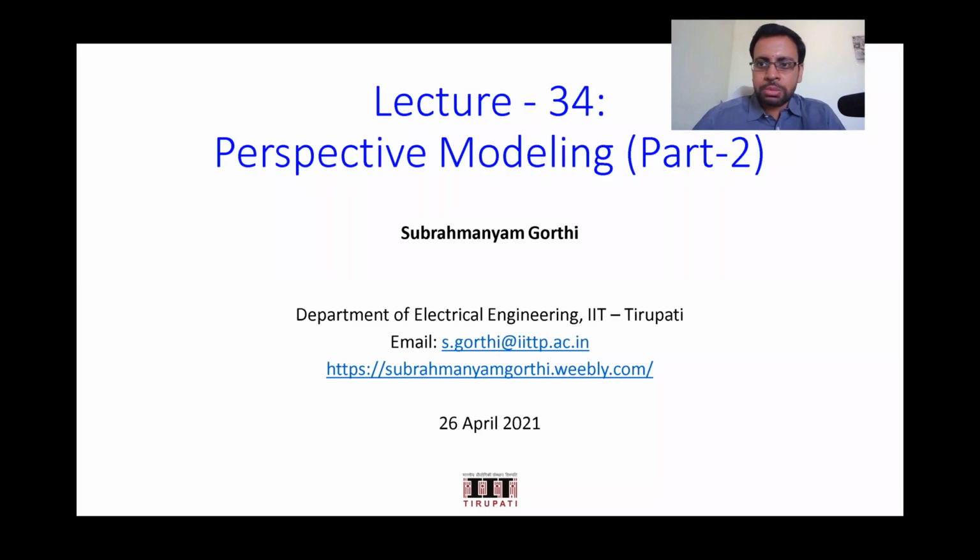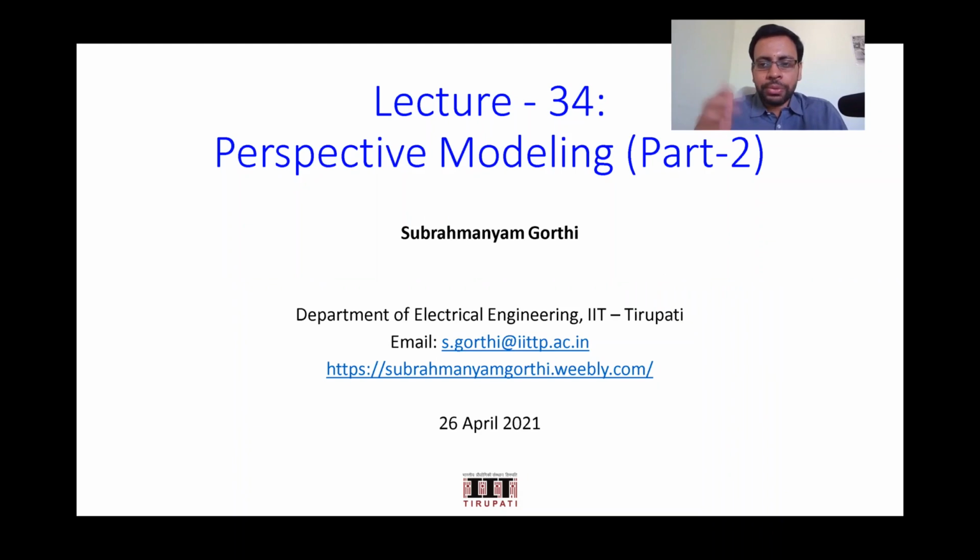We also discussed an equivalent mathematical model to the pinhole camera model, where instead of having the image sensor at the back at a distance f, mathematically it is more convenient to keep it at a distance f towards your object or the point xyz.